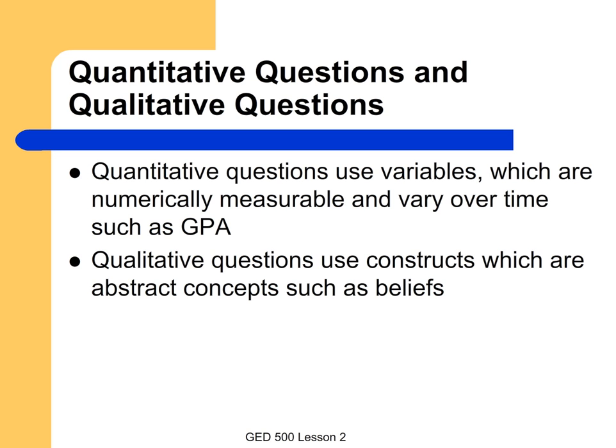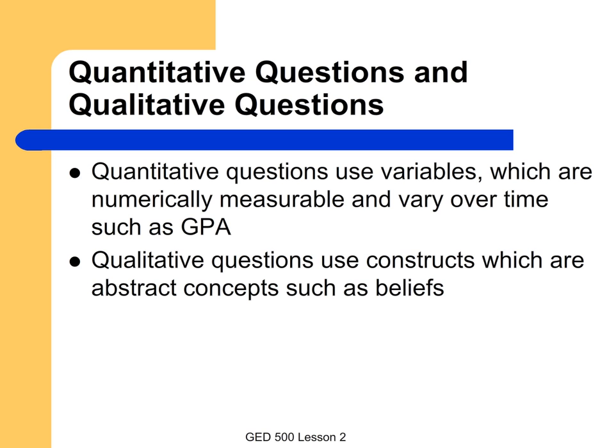Then for qualitative questions, we typically use things such as constructs. These are more abstract things like beliefs or love or feeling. These are things that are a little bit harder to define in just a sentence. And there is literature out there on constructs. Just because it's a construct doesn't mean it can't be defined, but it varies a little bit from study to study.